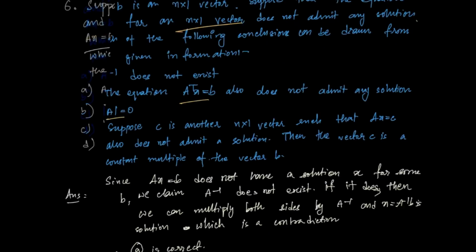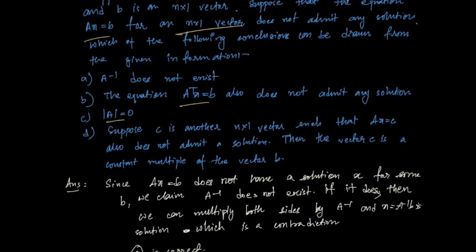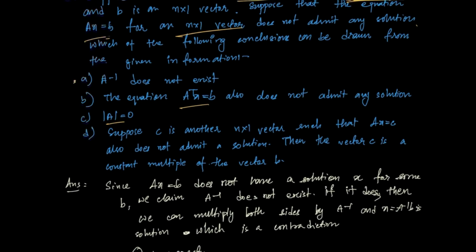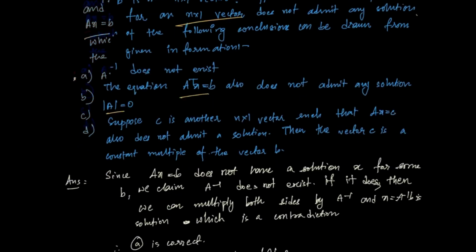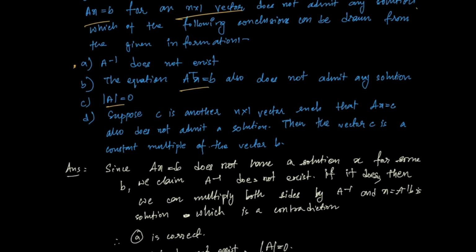Now we'll go one by one. First one, Ax equal to B does not have a solution. Assume that A inverse exists. One of the ways to approach these kind of questions is to try to prove it by contradiction. If Ax equal to B does not admit a solution X, and suppose A inverse exists, then we can multiply both sides from the left by A inverse.